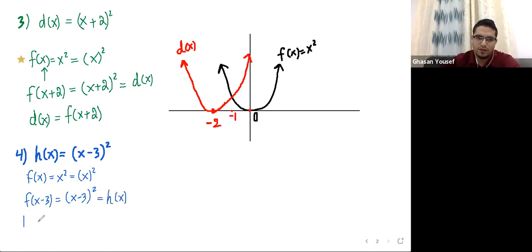Now the graph of h of x equal f of x minus 3. This means we have to graph the original function f of x equal x squared. This is the original one. Then we have to shift the original one 3 units to the right, because we have minus, by using the rules.